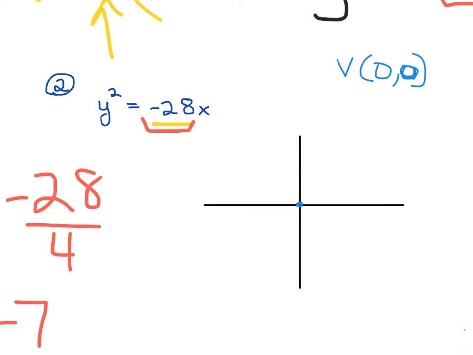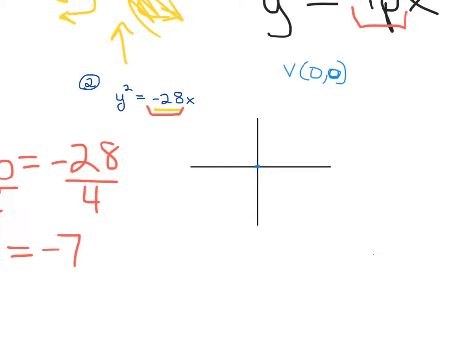I need to find another point on my parabola. I can pick whatever value I want to plug in to get another ordered pair. You could plug in either x or y. In this case, I'm going to plug in 1 for y.